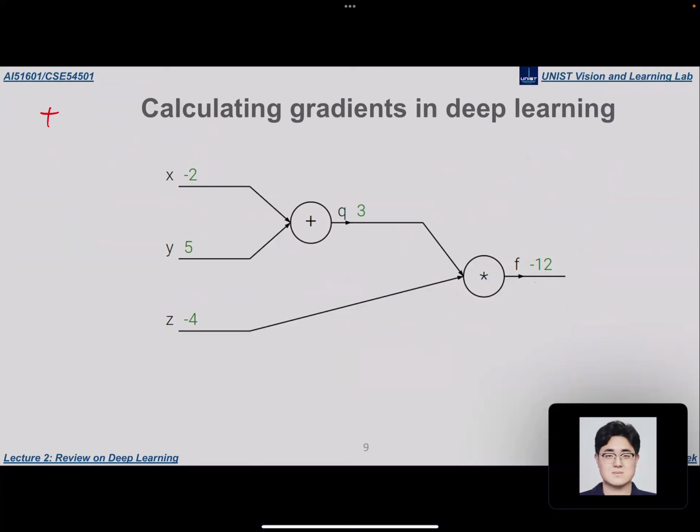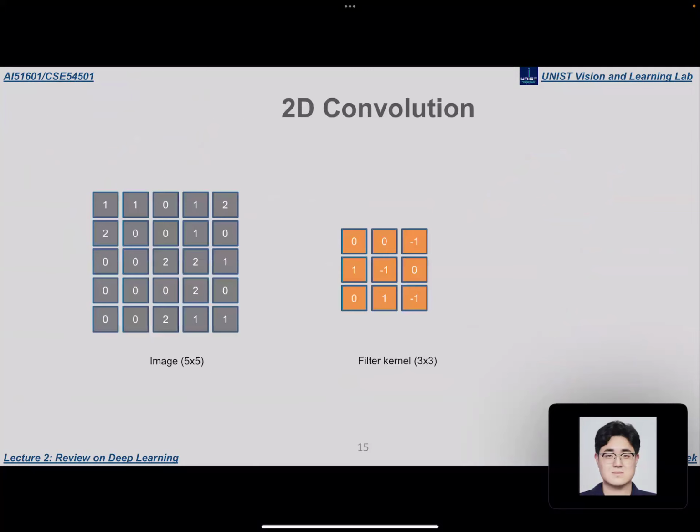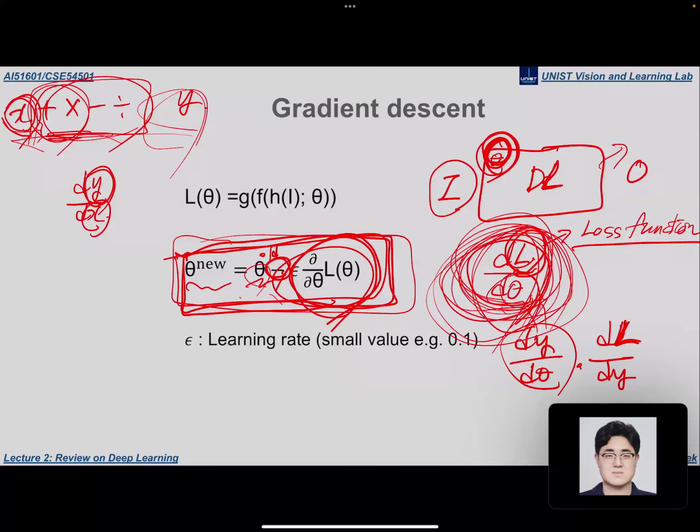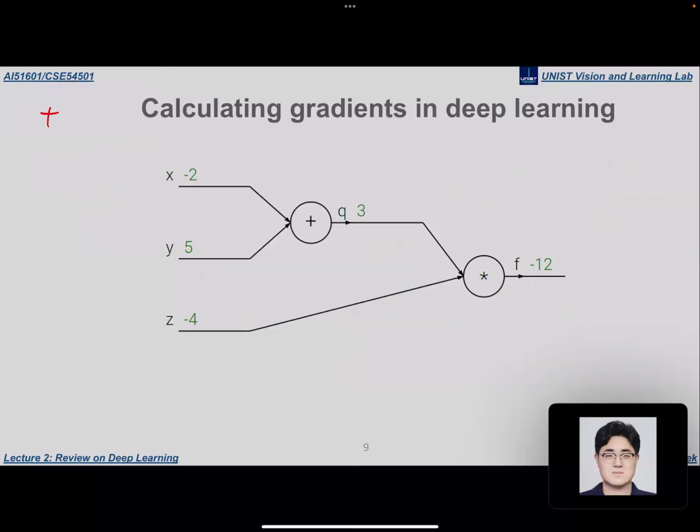Okay, and this is maybe the last part of today's lecture. I will explain how computers calculate the gradient in deep layers. Okay, so let's say these are the three input variables.